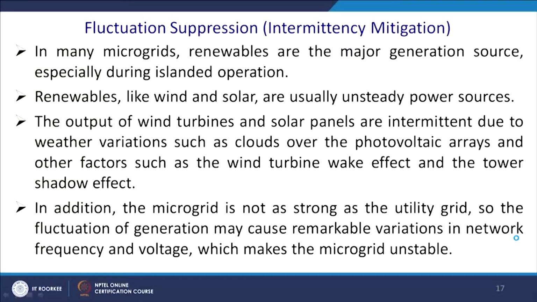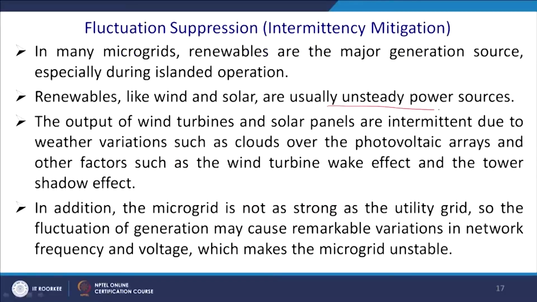In many microgrids, renewable energy is the major generation source, especially during islanding mode, and renewable energies like wind and solar are usually unsteady in nature. So, they can keep fluctuating in time. The output of the wind turbine and the solar panel is intermittent due to weather variations, such as clouds for the photovoltaic arrays and wind speed for the wind turbine.